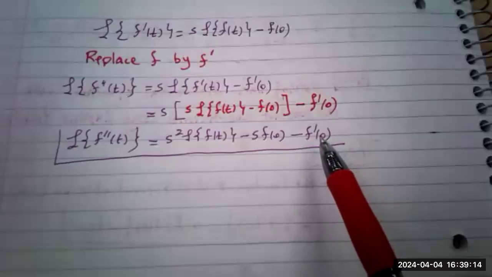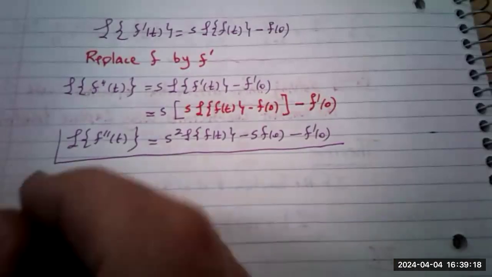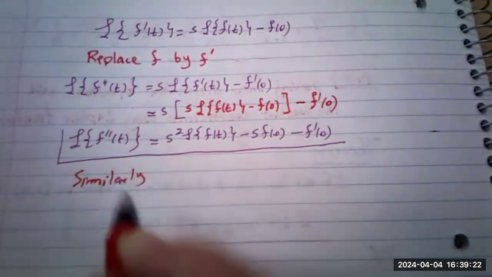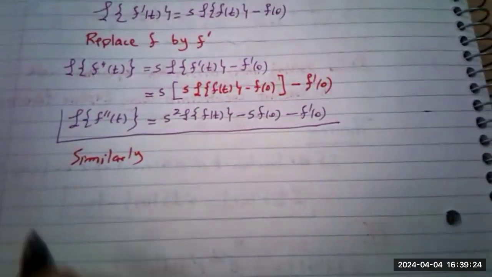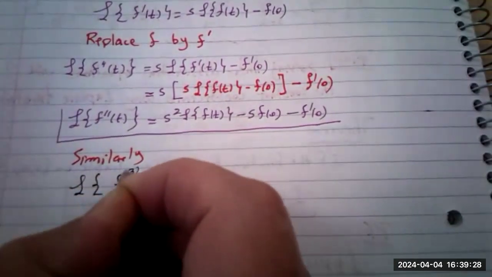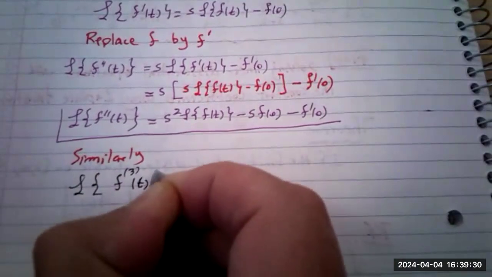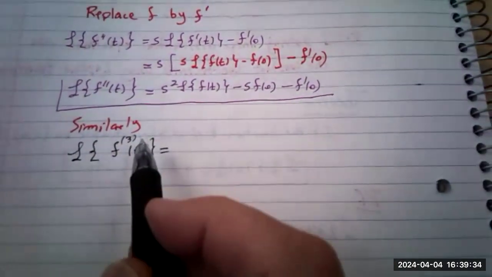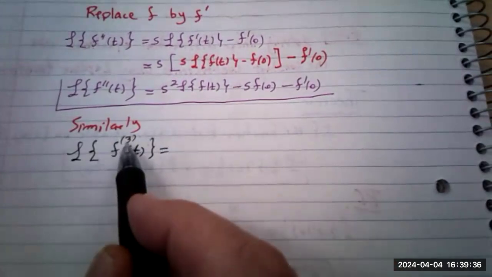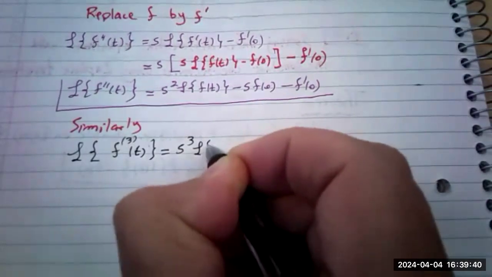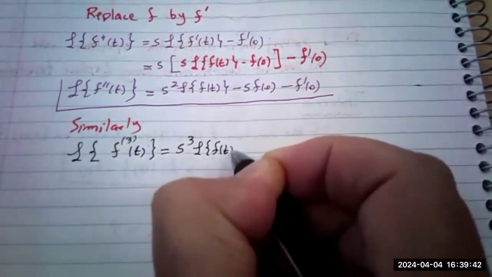Okay? Can you do the third derivative now? Similarly, it's going to be the Laplace of the third derivative. You start with the power of s. This is 3, so it's going to be s cubed times the Laplace of f of t.